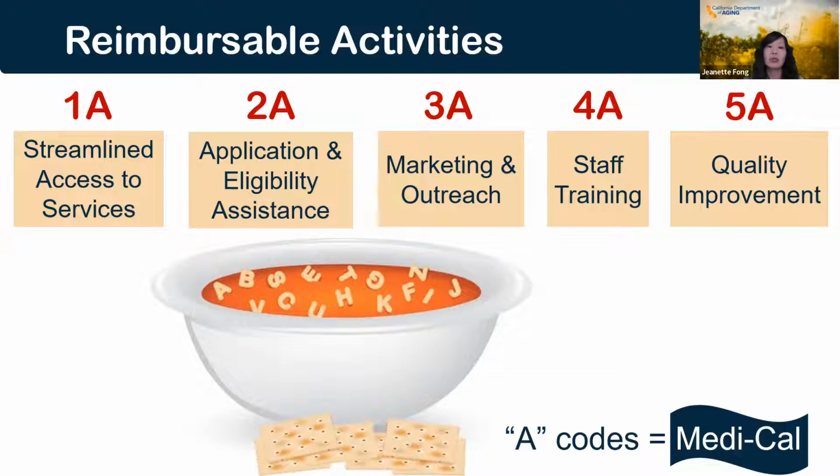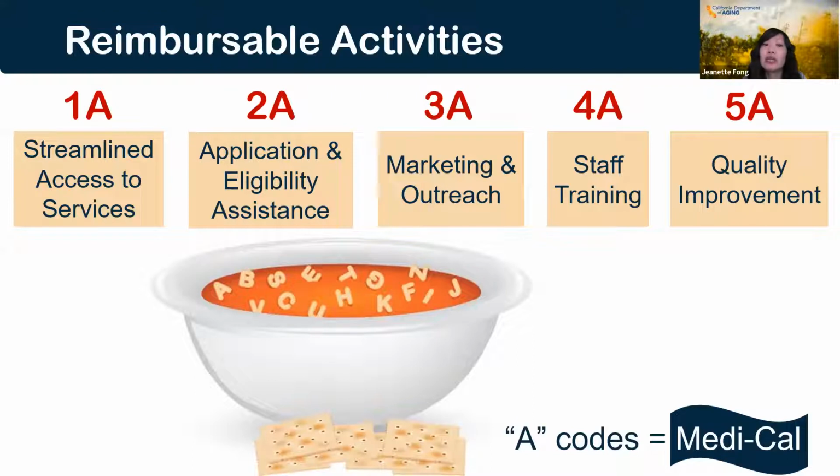Maybe you're helping someone who is already Medi-Cal eligible apply for Medi-Cal programs or services. This can even mean you're gathering information to help someone fill out an application, or even following up with a local office to check on the status of an application. All of those application-related tasks would fall under code 2A.